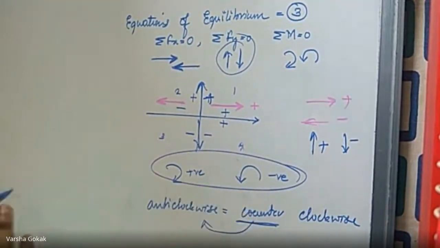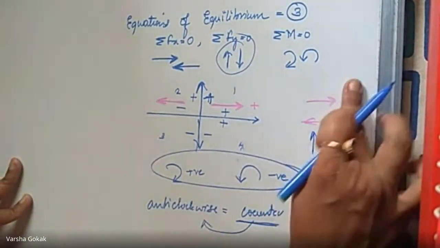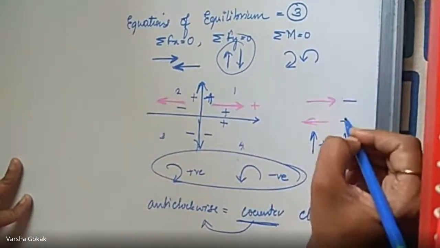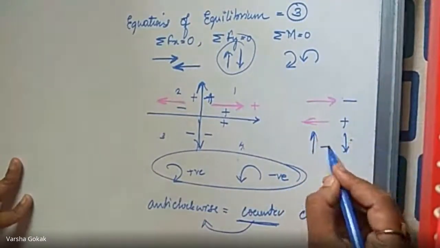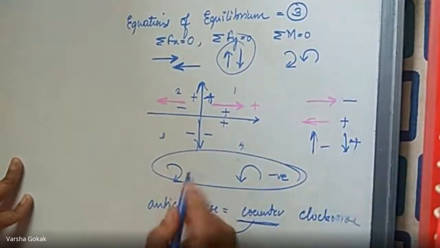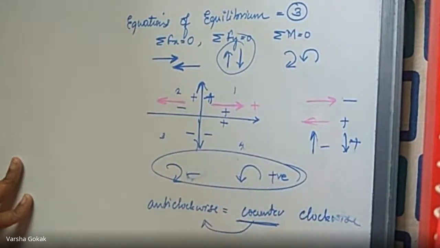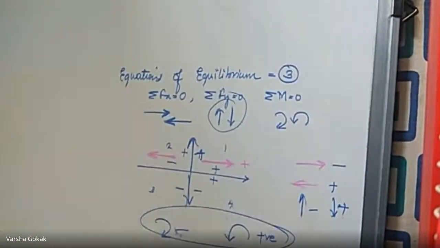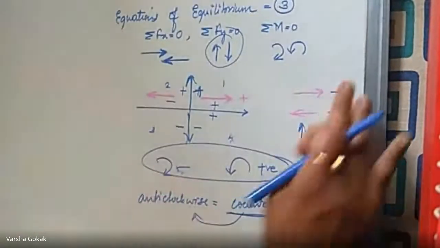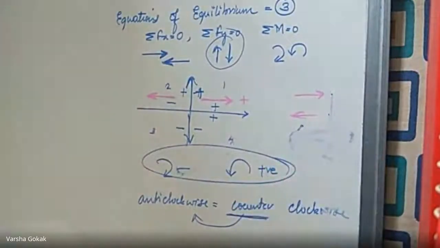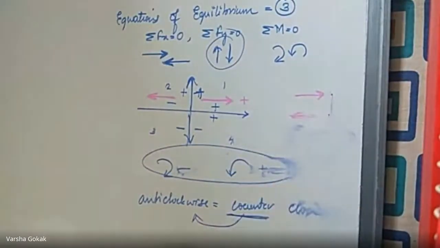If somebody says, I don't want to go ahead with this, I will take this as negative and this as positive, there is no hard and fast rule. You can go like that also. It is your assumption. What I drew first are the assumptions made in all the textbooks.